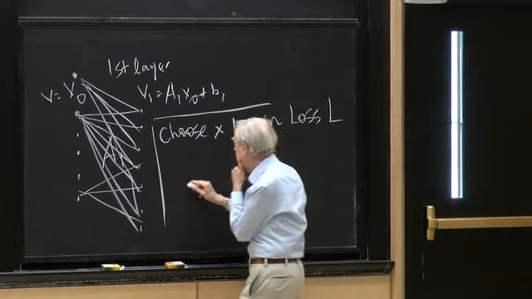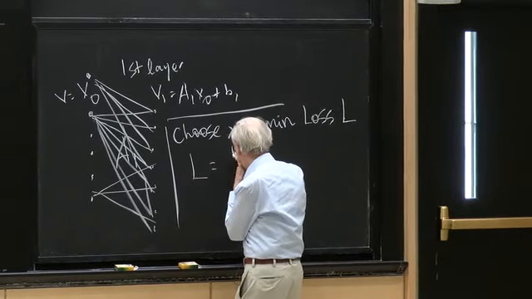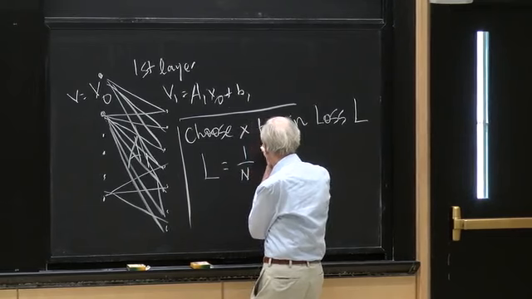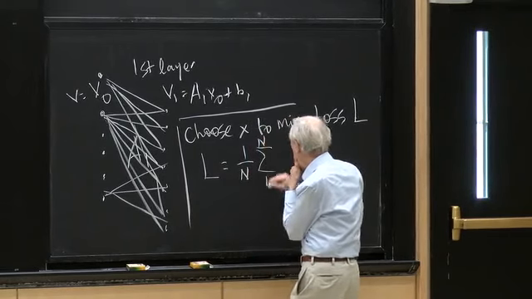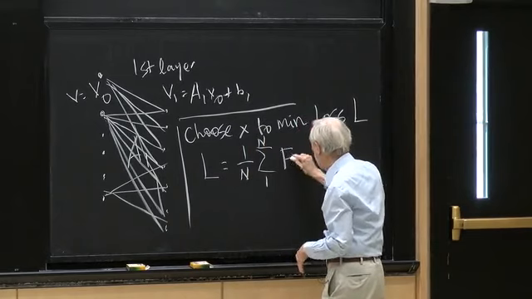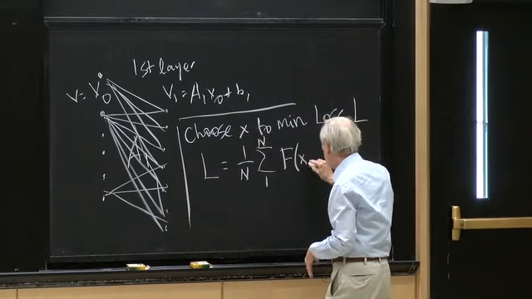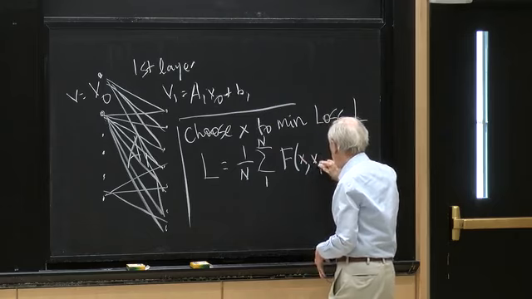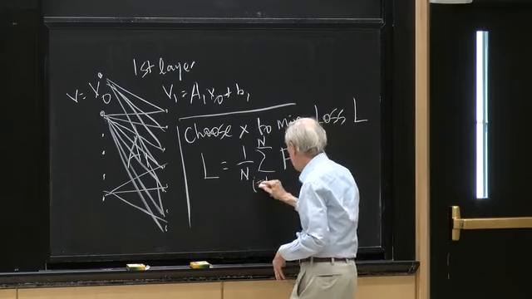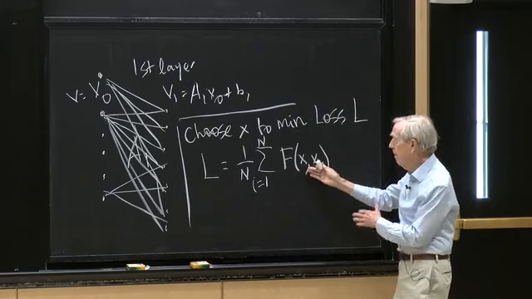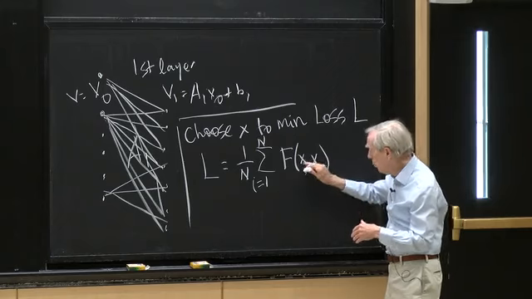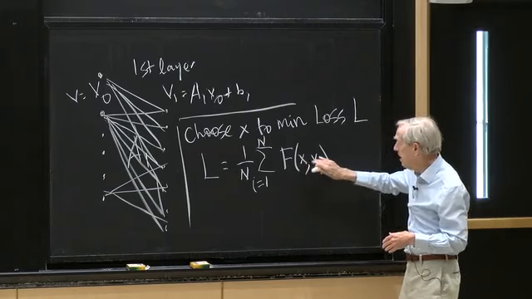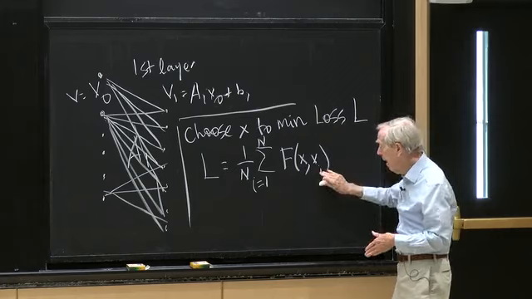He said L is often a finite sum over all of f. So what would that be? F of x, v_i. This is the output with weights x from sample number i.